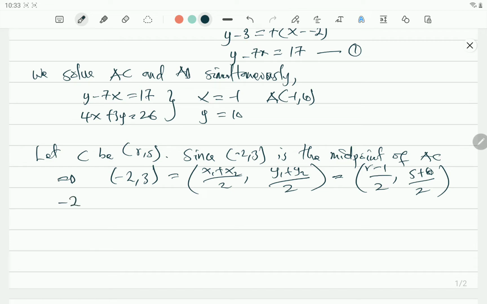So minus 2 matches r minus 1 over 2, and 3 matches s plus 10 over 2, right? So from here we have r to be equal to minus 3, right?